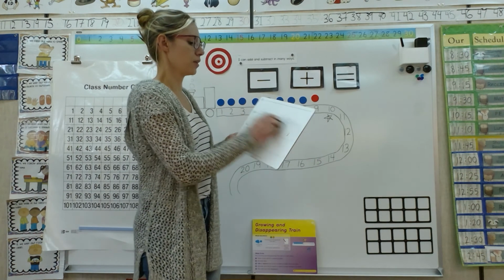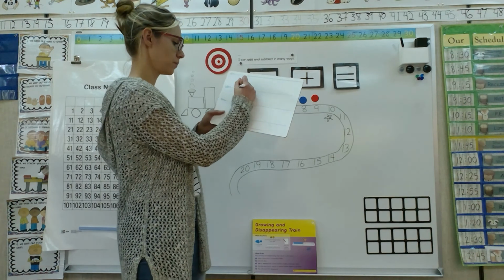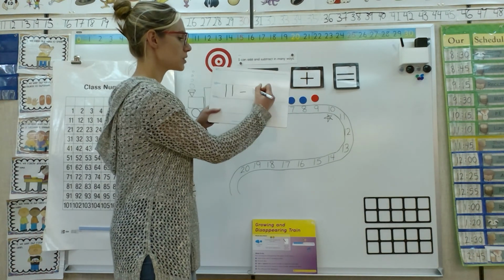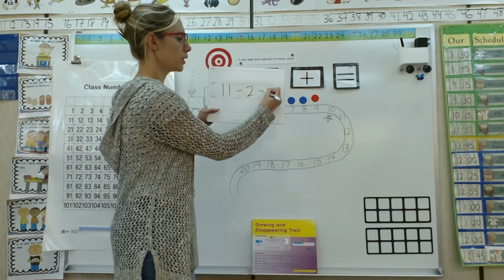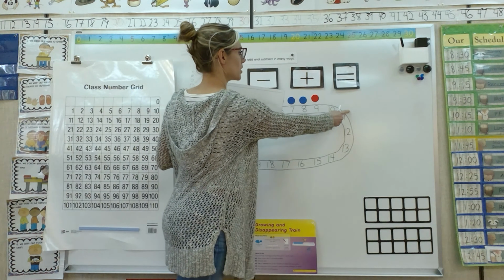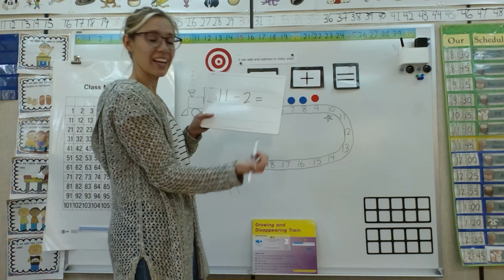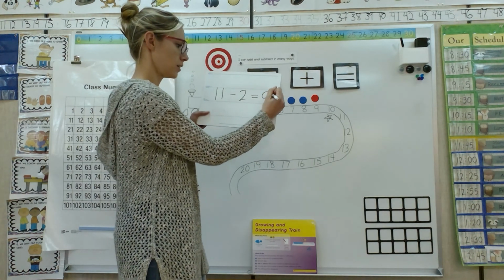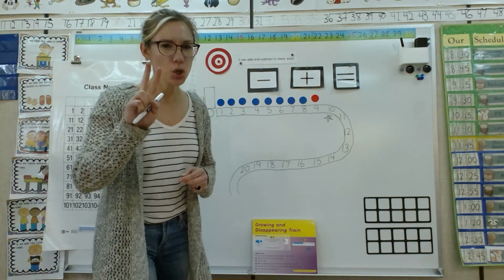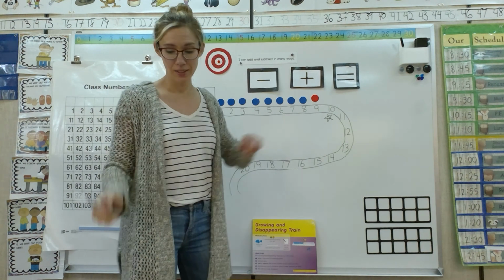Now we started with 11, right? 11 minus 2 equals, what does it equal? Let's count backwards here. 1, 2, 9. All right. How about let's try just 2 more rounds? We're pretty close to where we started.